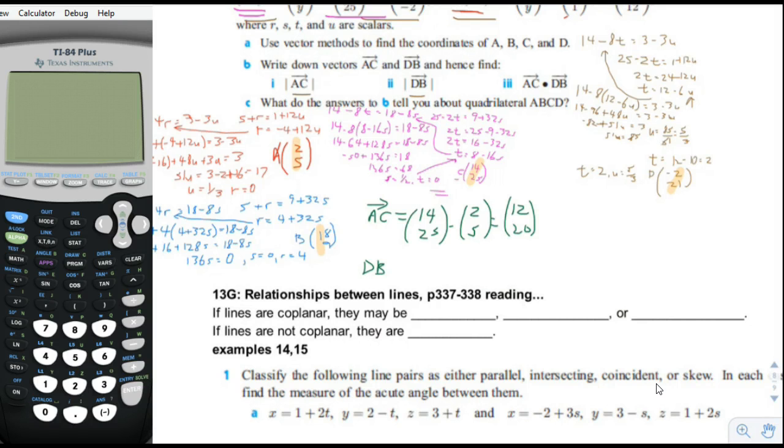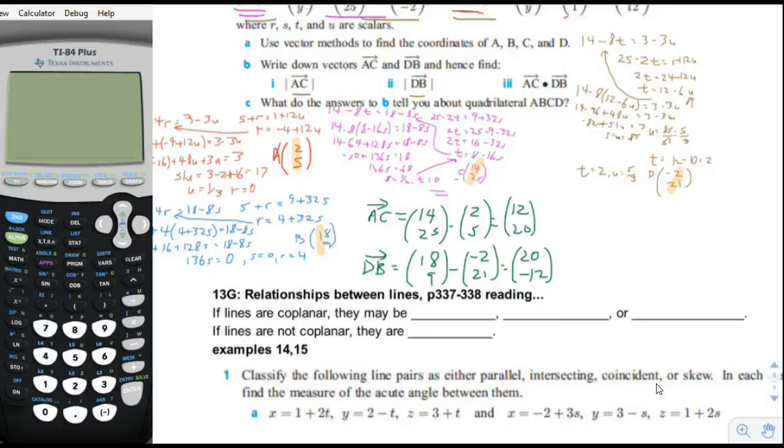Then the DB vector is equal to the B vector, which is 18 and 9, minus the D vector, which is negative 2 and 21. And we'll end up with 18 minus a negative 2, which is, I'm sorry, 18 minus a negative 2 is just 20. And then we'll have 9 minus 21, which is negative 12.